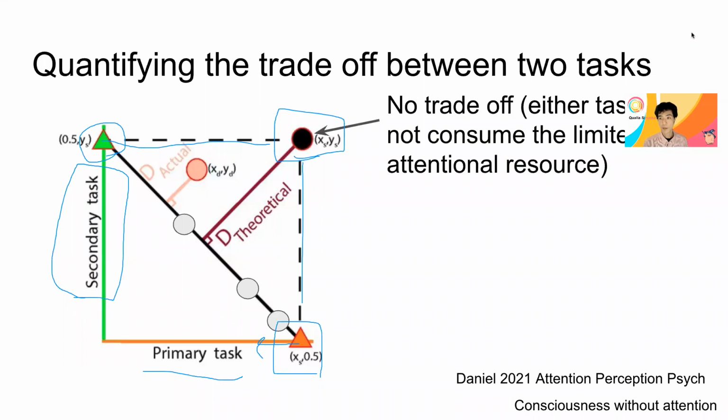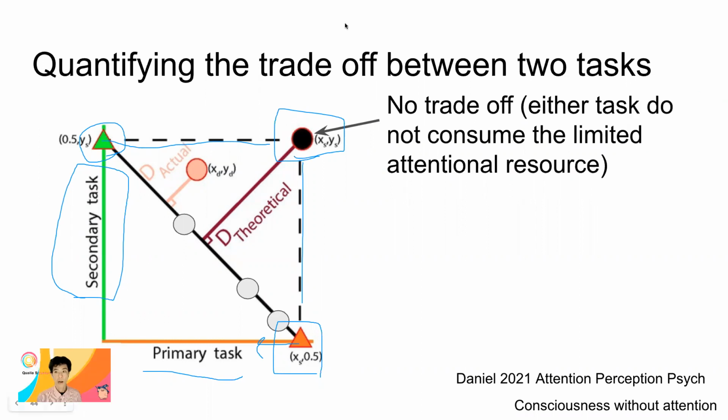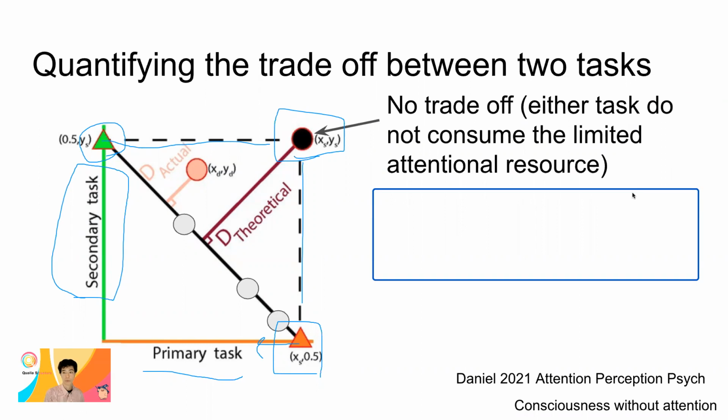So at the top right is this no trade-off situation. Either task does not consume the limited attentional resource, or the primary task completely consumed everything, but the secondary task did not require much attention.